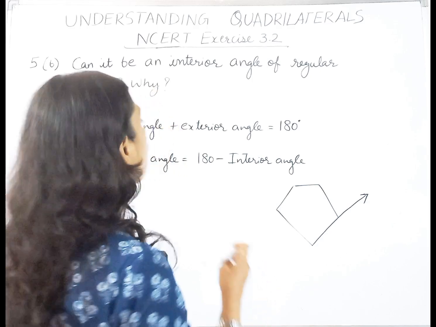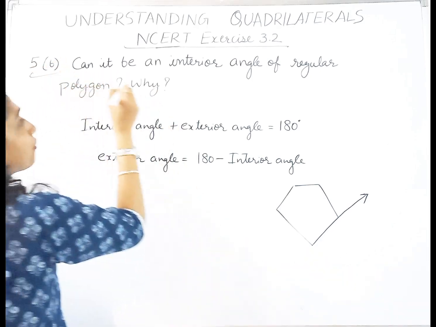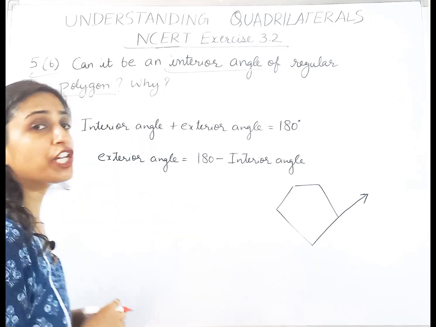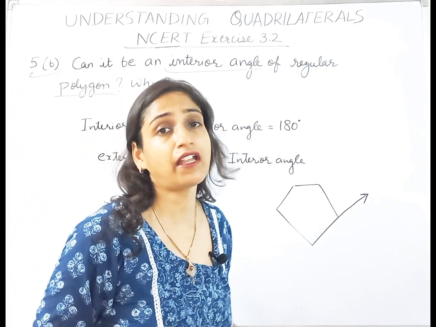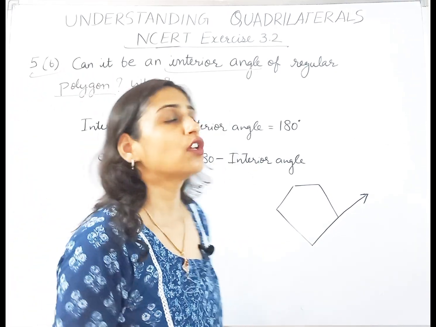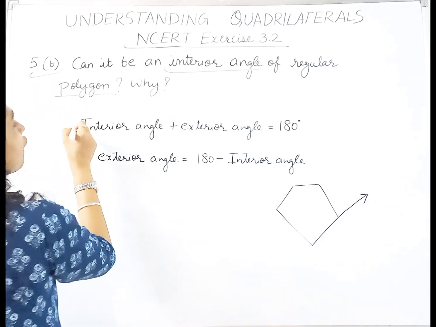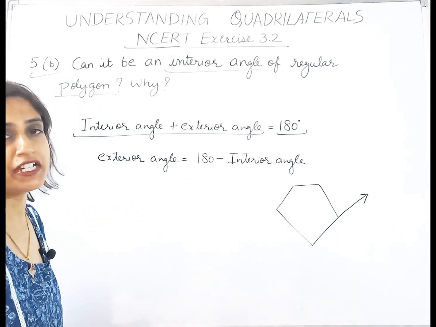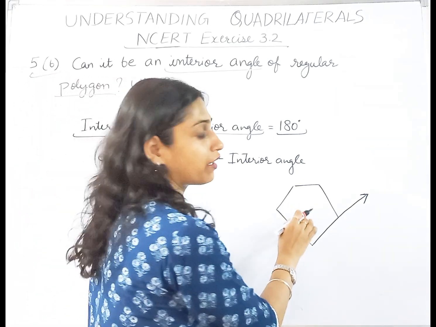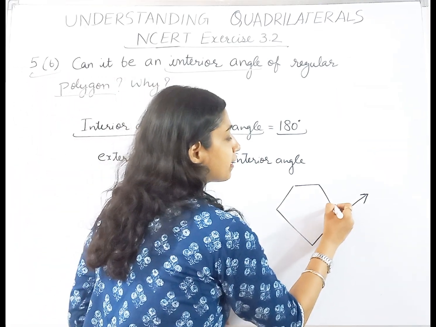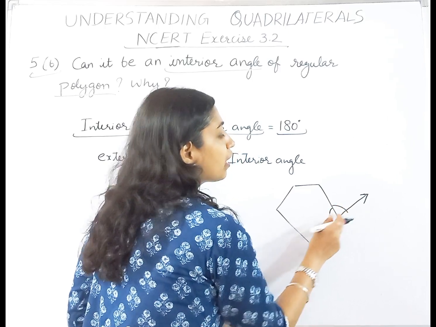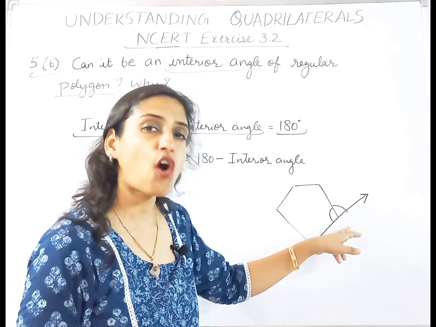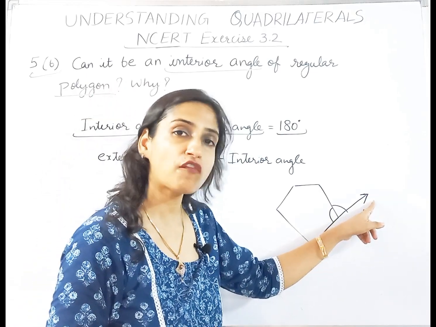The second part of the question is, can it be an interior angle of a regular polygon? So can 22 be an interior angle for a regular polygon? We know that the sum of interior angle and exterior angle is always equal to 180 degrees, because the exterior angle is always made on the extended side of a polygon.